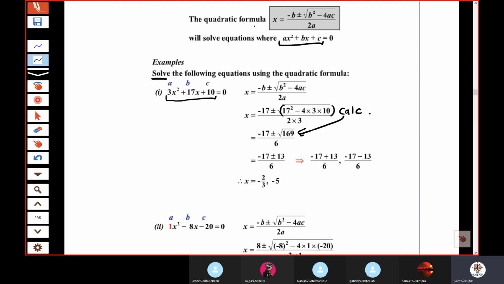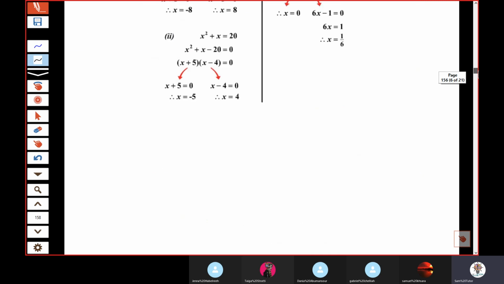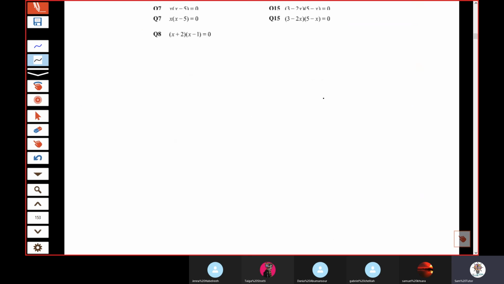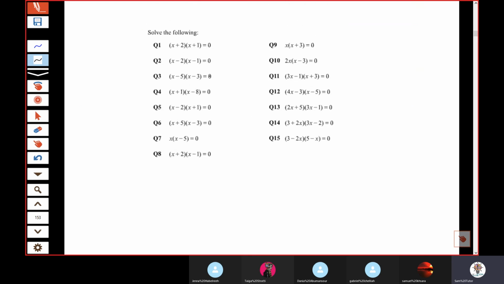So what the quadratic formula does for you is it allows you to solve these quadratics straight away without doing the cross method, without factorizing. Last week, we did a little bit of this, if you remember. They were already factorized. All we did was write x equals negative 2, x equals negative 1.